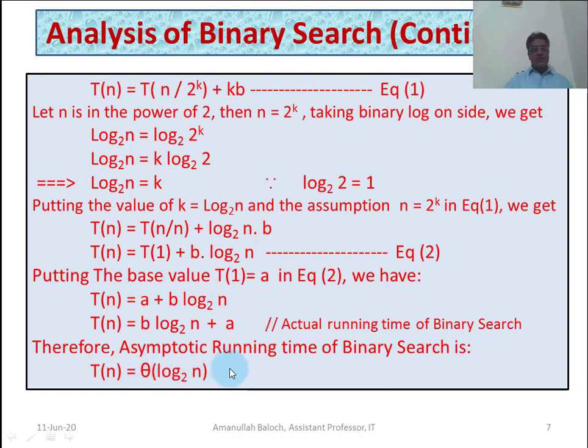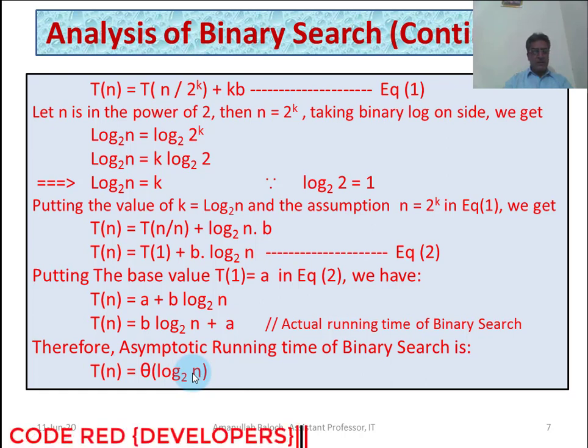Again we say that for this algorithm, its best case, worst case and average case running time are the same. So we use the theta notation for this binary search algorithm and we say that T of n is equal to theta of log of n base 2. This is an algorithm whose running time, log of n base 2, is very fast.